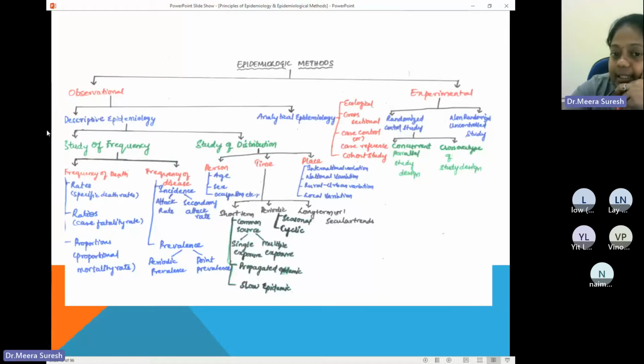But in some books, we can see the first two, ecological and cross-sectional, classified under descriptive epidemiology, and only case control and cohort study come under analytical epidemiology. So I don't know which category I should put, because whichever I select, I see genuineness in the websites or textbooks that classify it like that.